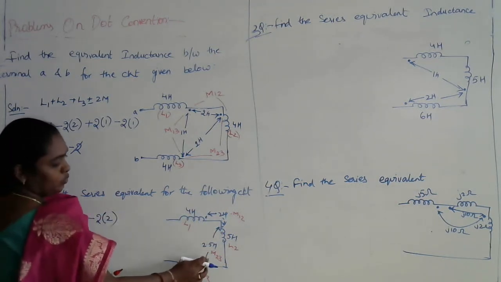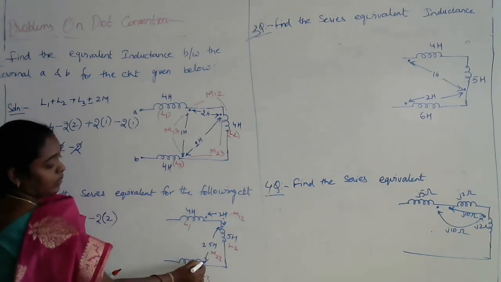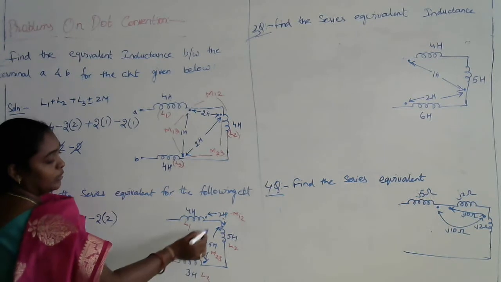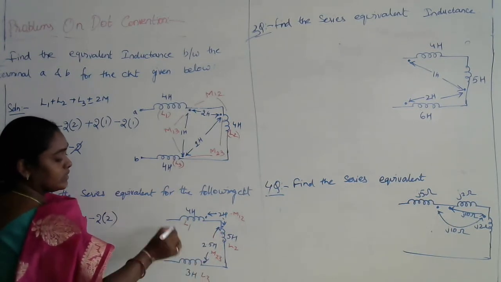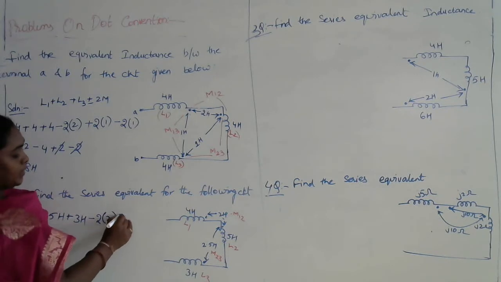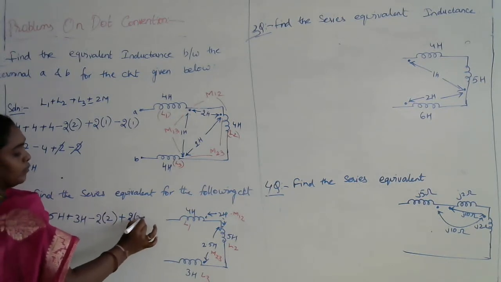Coming to M23, here it is flowing from dot to coil. Here also it is flowing from dot to coil. Both are in the same direction, which is nothing but positive mutual inductance, plus 2 into 2.5.